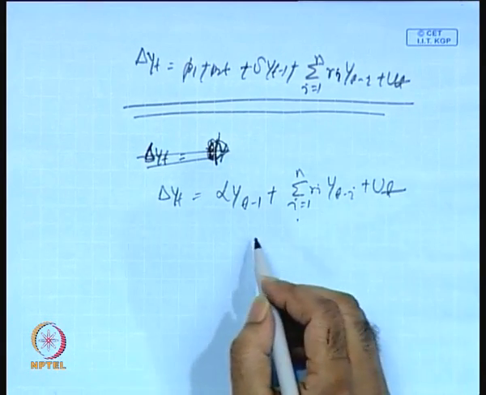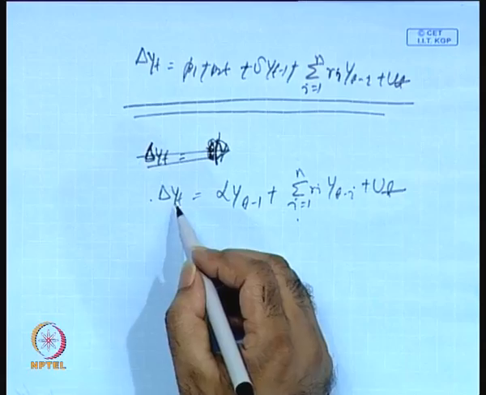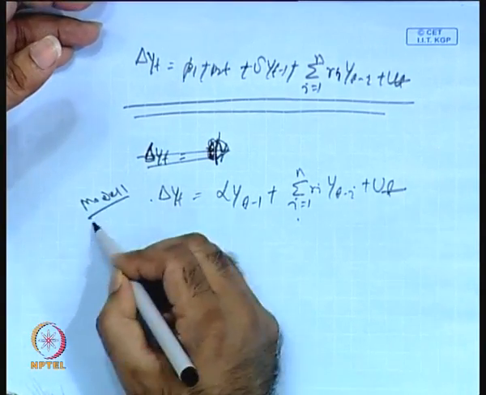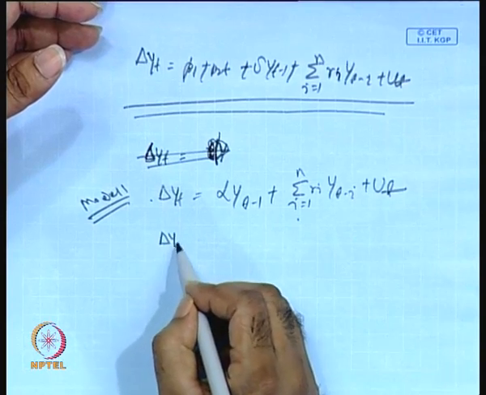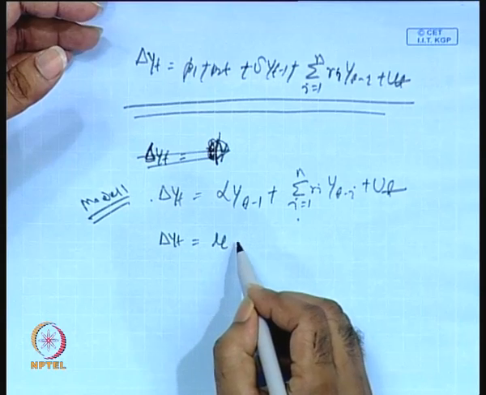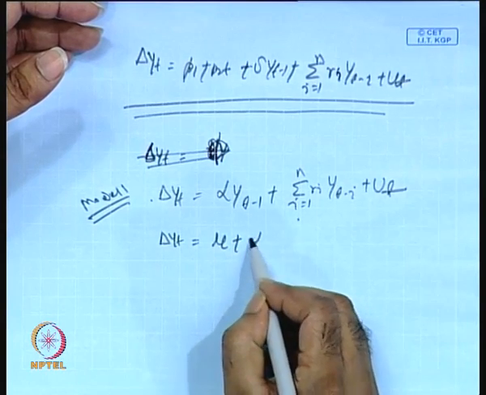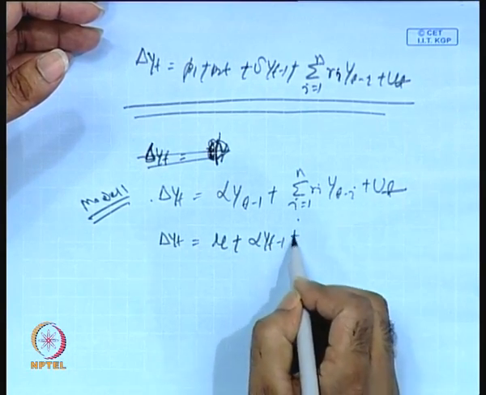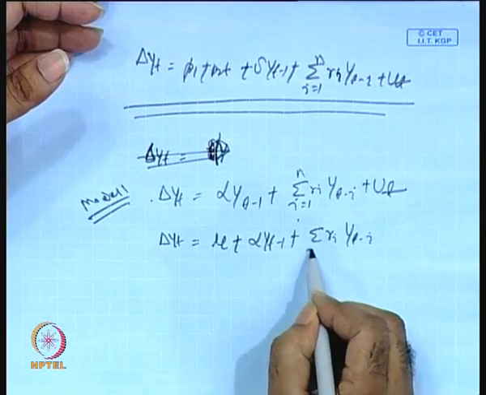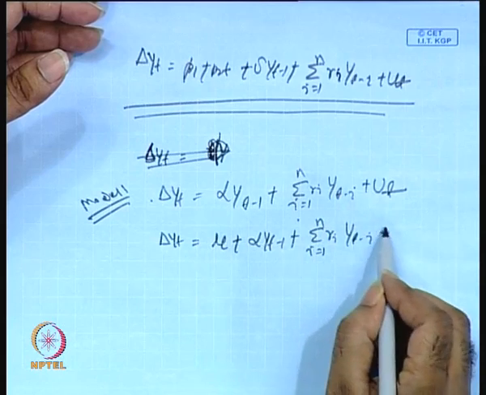This is model 1. Then I will write delta y t equal to mu plus alpha y t minus 1 plus summation gamma i delta y t minus i, i equal to 1 to n, plus u t.